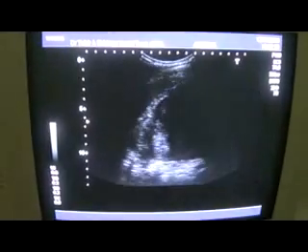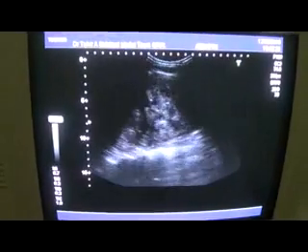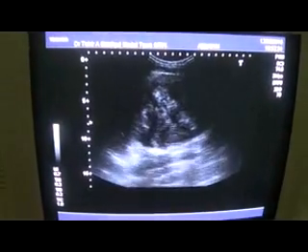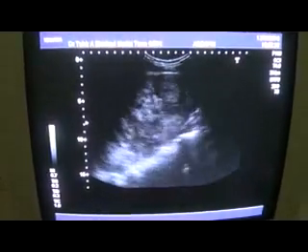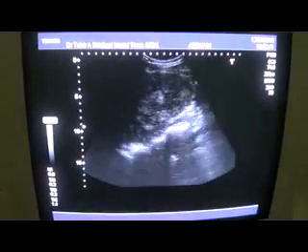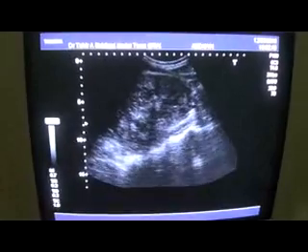Now it gives a reniform appearance, doesn't it? And below, as we come down, it gives a reniform shape appearance, and this is the iliopsoas muscle.